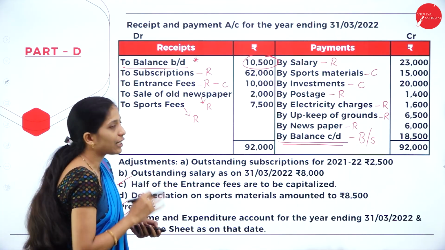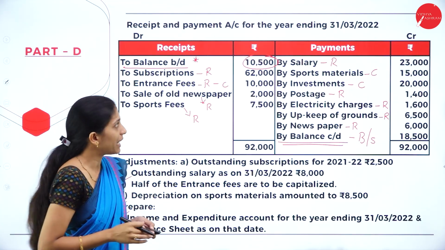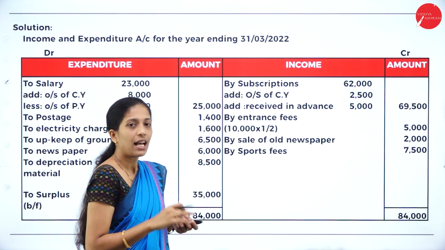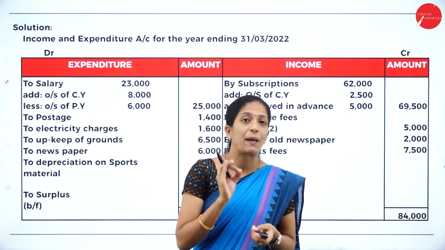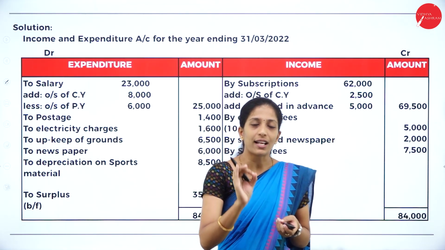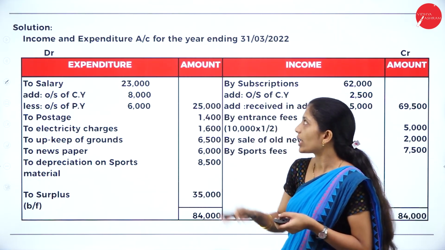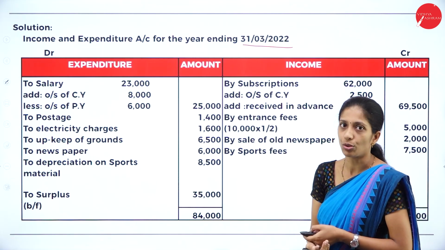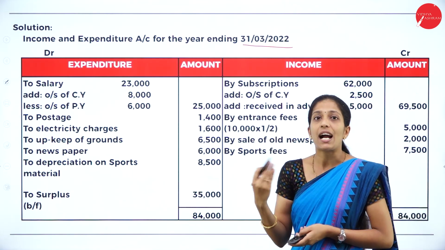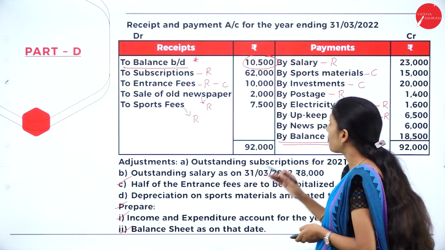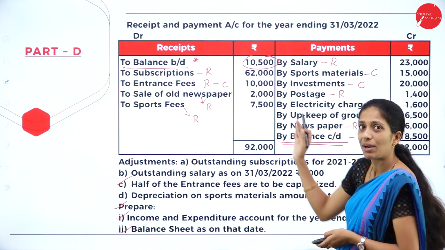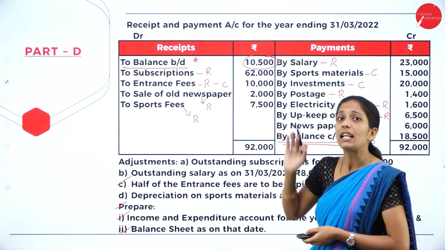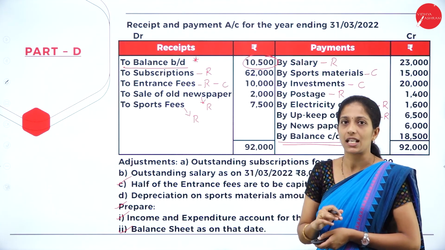Now we shall directly go through preparation of the income and expenditure account. How do you begin your solution? As I told you, the presentation of your paper is very important. So write the heading: Income and Expenditure Account for the year ending 31st March 2022. Whatever items were on the payment side should come under the expenditure side, and the receipt side should come under the income side of your income and expenditure account.